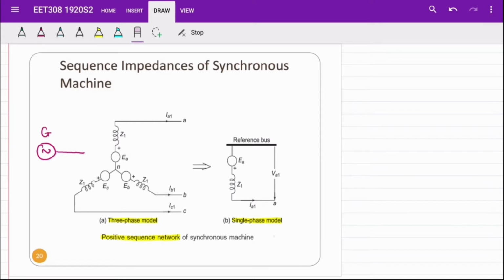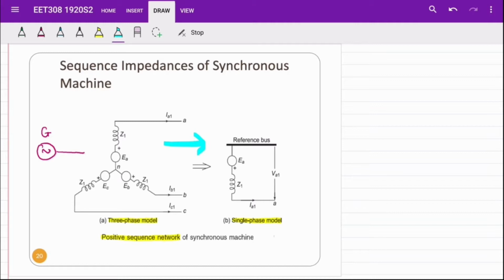Before we determine the positive sequence network, we must convert the 3-phase connection into the single-phase connection. Since the 3-phase connection is balanced, we use phase A to represent the single-phase diagram.